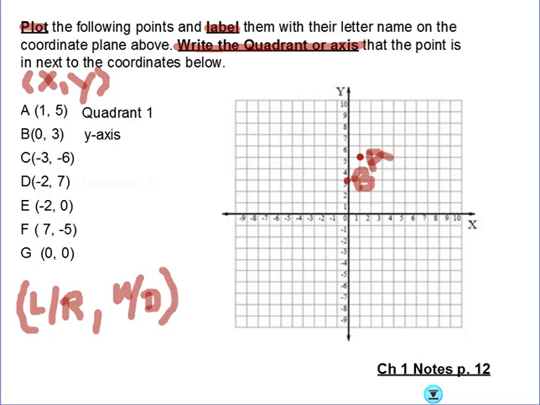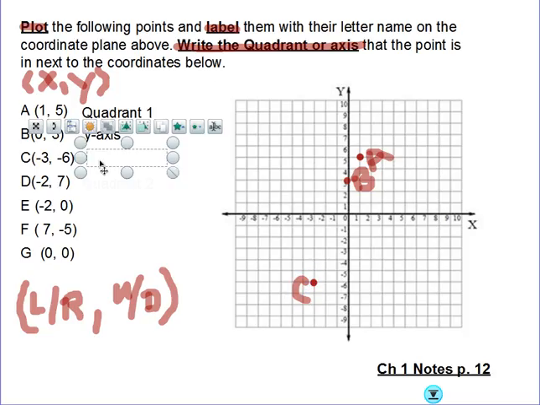Now point C, it says go -3 left and right and -3 up and down. So -3 left is the negative direction, and down is the up and down negative direction. So we go -3 to the left and then down 3. Gotta count a little bit because those numbers seem a little bit off from where they are supposed to be on the lines.